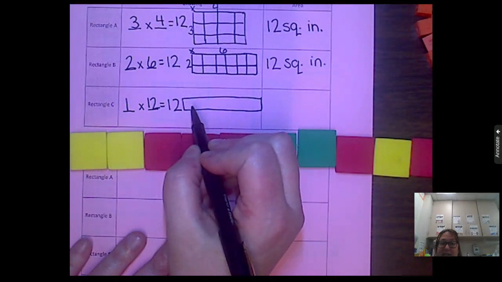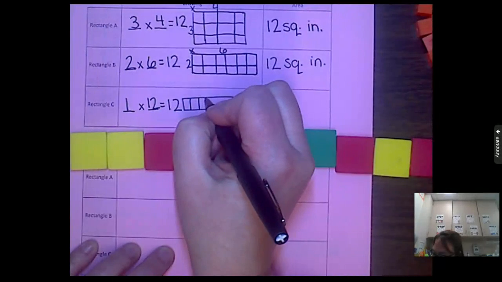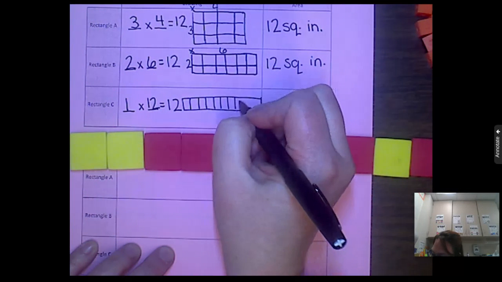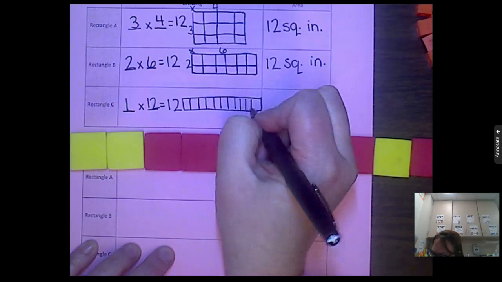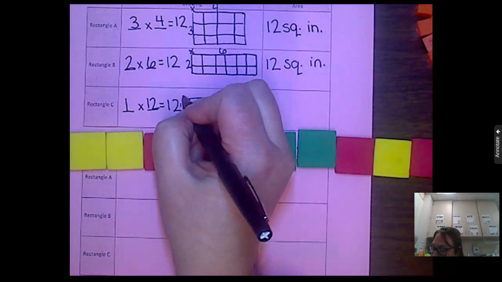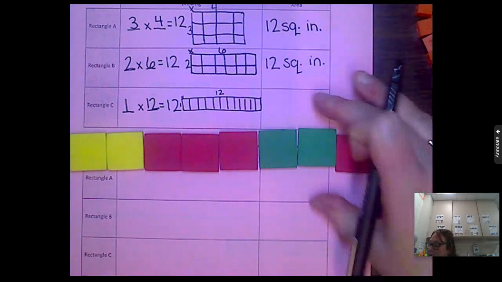So how many lines in it? 11, right? 1, 2, 3, 4, 5, 6, 7, 8, 9, 10, 11. So kind of scrunch those together there. Okay, and there's 1 row times 12 in each row, which gives us that 12. So this is 12 square units.